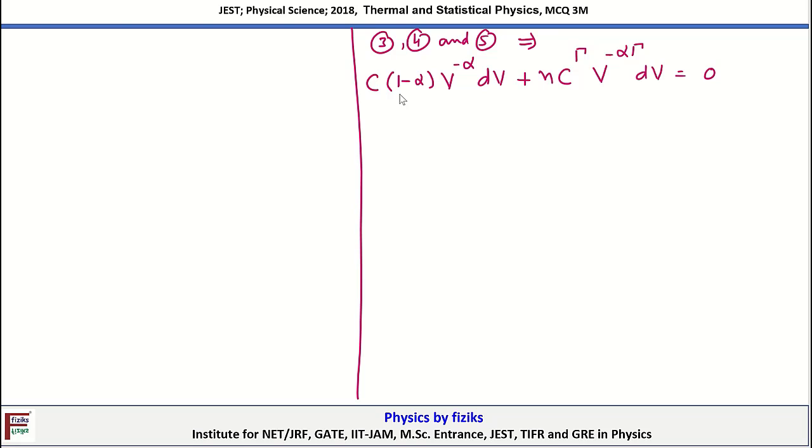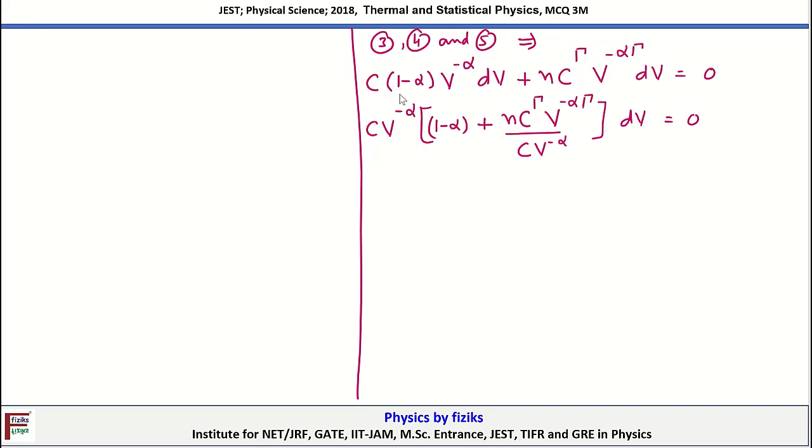So I can take C V to the power minus alpha outside, and inside the bracket I'm left with 1 minus alpha plus n C to the power gamma V to the power minus alpha gamma, and because we have taken C V to the power minus alpha outside, I'm dividing here with C V to the power minus alpha, and then this entire expression multiplied by dV is equal to 0.